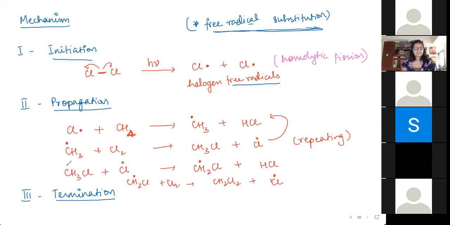So basically whatever free radicals are there, depending on what they are hitting, whether it's a chlorine free radical, whether it's a fresh methane molecule, whether it's one of the product molecules, whatever they may be hitting, they will end up producing a new product and then keep continuing on.